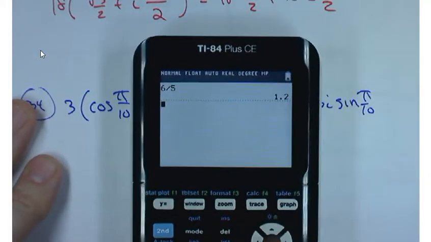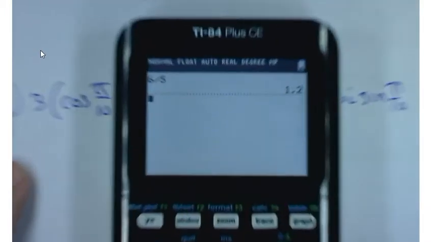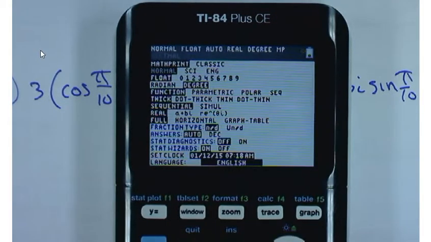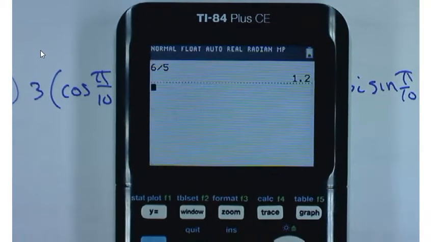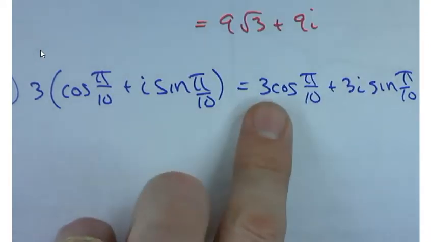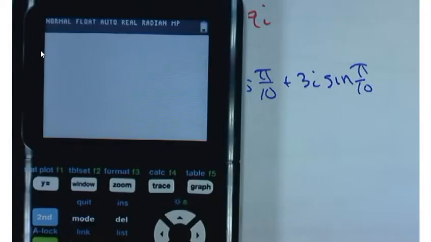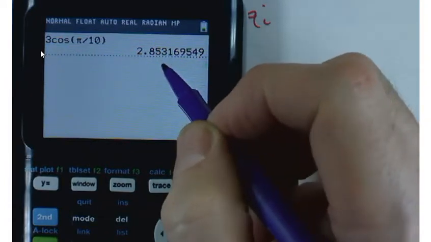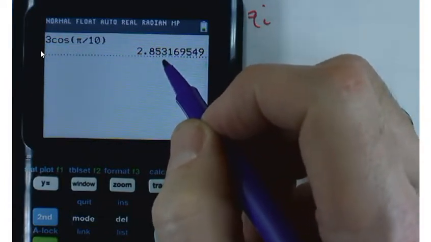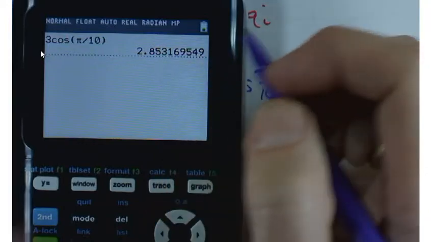So let's see here. Yeah, this one happens to be in degrees. So I'll first change the mode, go down to radians, and I want 3 cosine of pi over 10. So 3 cosine pi divided by 10, 2.8531, etc. Now, typically speaking, if I asked you to round to a particular number, then there's a point of credit to rounding to that number.